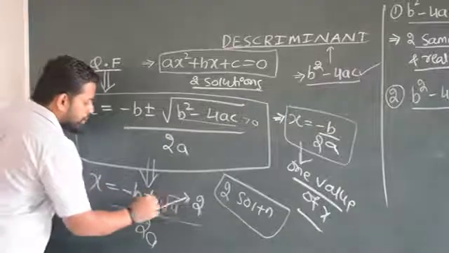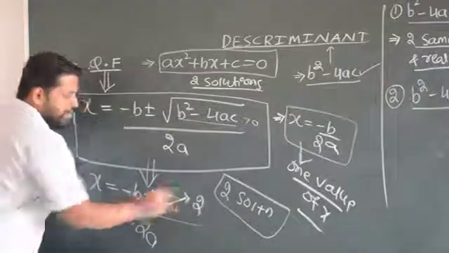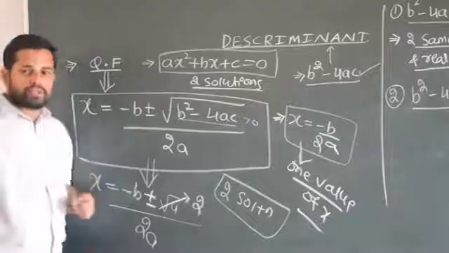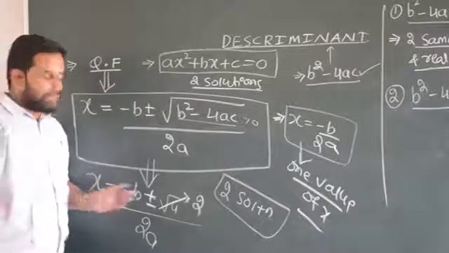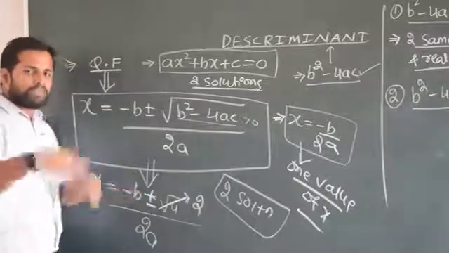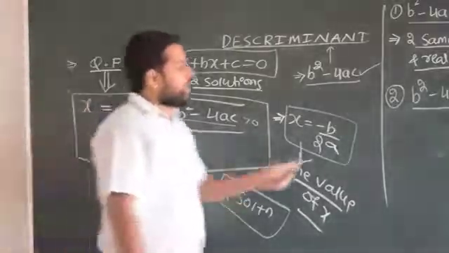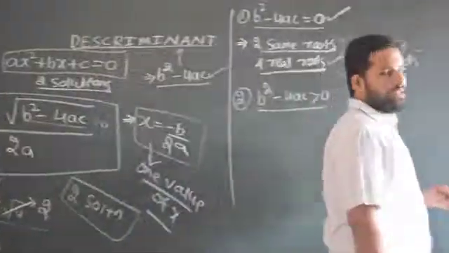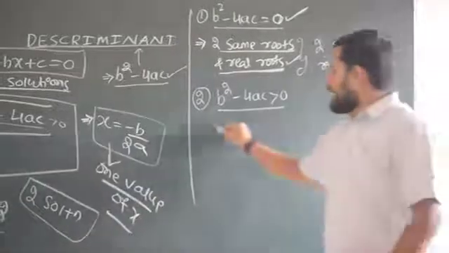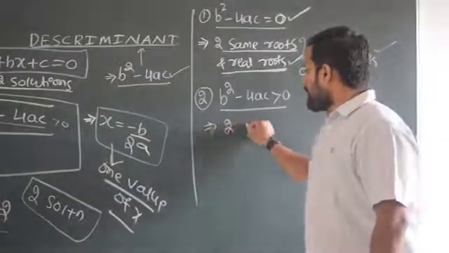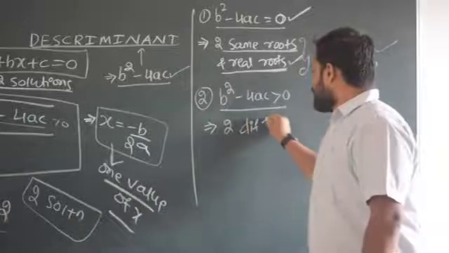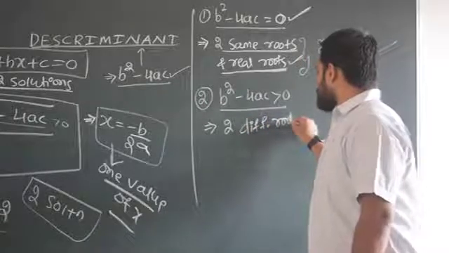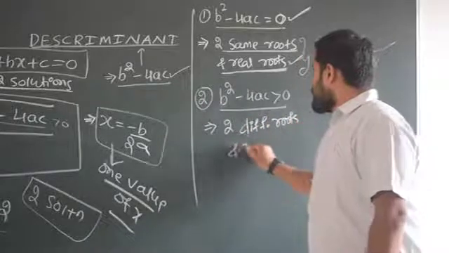Once I do plus 2, once I do minus 2, then I am going to get 2 solutions. Plus 2 means one value and minus 2 means another value. That's why if b square minus 4ac is greater than 0, I am going to get 2 different roots. And those roots are going to be real roots.